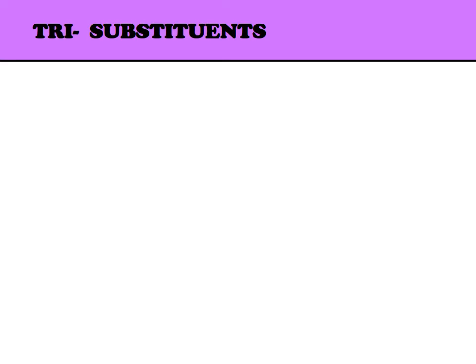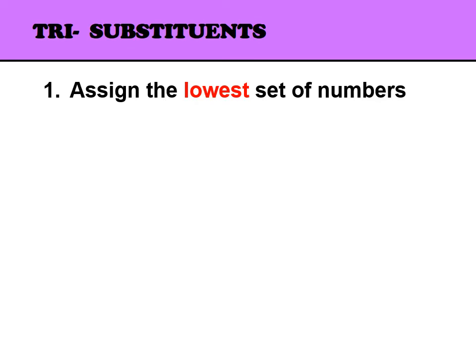So for trisubstituted benzene, we need to assign the lowest set of numbers to all the substituents. So for example, here I have 3 bromo substituents. I have to find a way where it can give all the substituents the lowest numbers. There are a lot of possible ways. So let's say I start the numbering from the bottom. It will give the Br at the bottom carbon 1, and then carbon 2, and carbon 4.